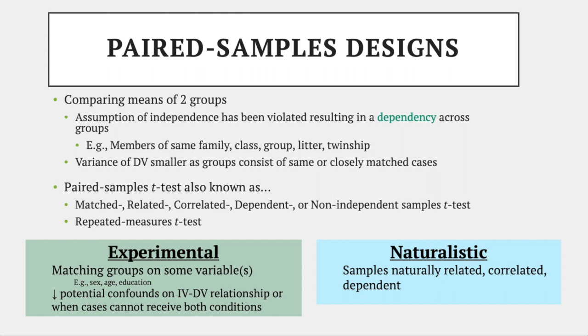So this can happen when you have members of the same family, the same classroom, group, litter, twinship, all these things where they are connected. Or when it's the same person in multiple situations or multiple time points. The variance of the dependent variable is smaller as the groups consist of same or closely matched cases.